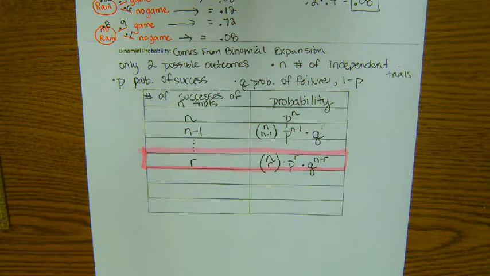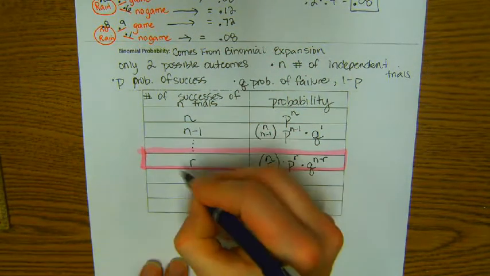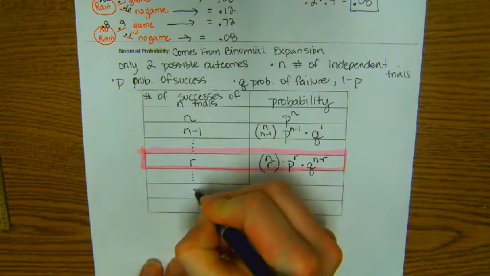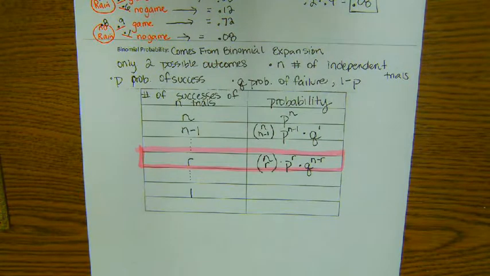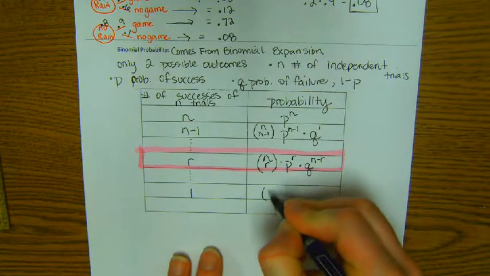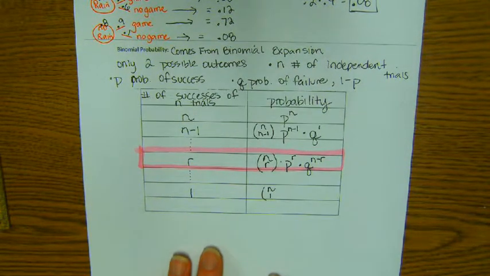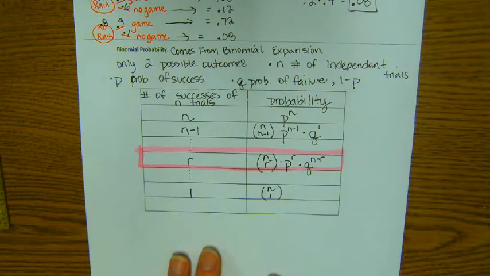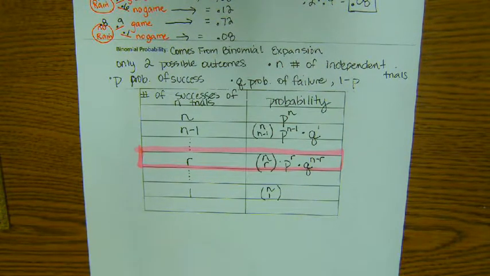But let's go through the list again. Dot, dot, dot. All right, continue on. Let's say in n trials I only had one success. How would I count the ways that would happen? nC1. What letter represents the probability of success again?